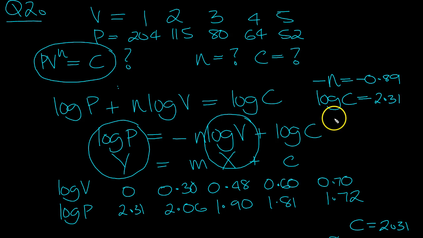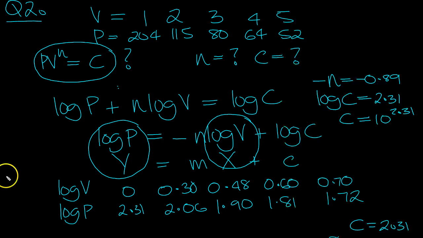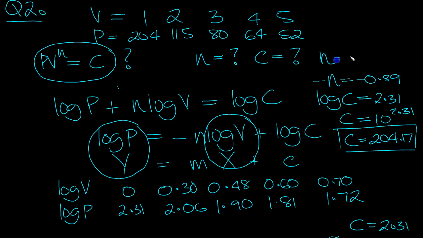So this is log base 10 we've been doing, haven't we? So C, the 10 comes up, it's 10 to the 2.31. So let's put that in the calculator. 10 to the 2.31 is 204.17. And here, run the minus through, you get n equals 0.89.